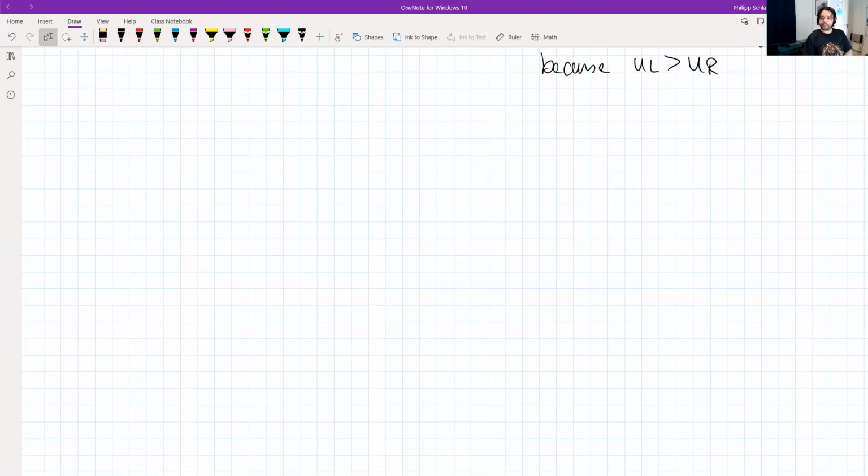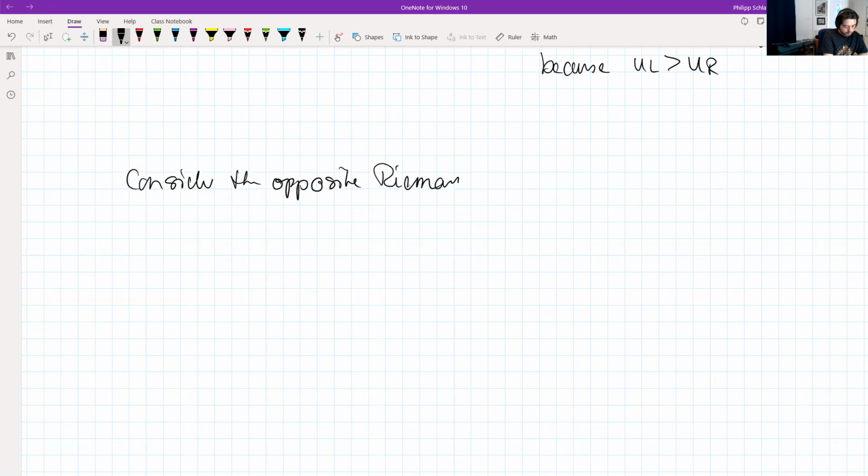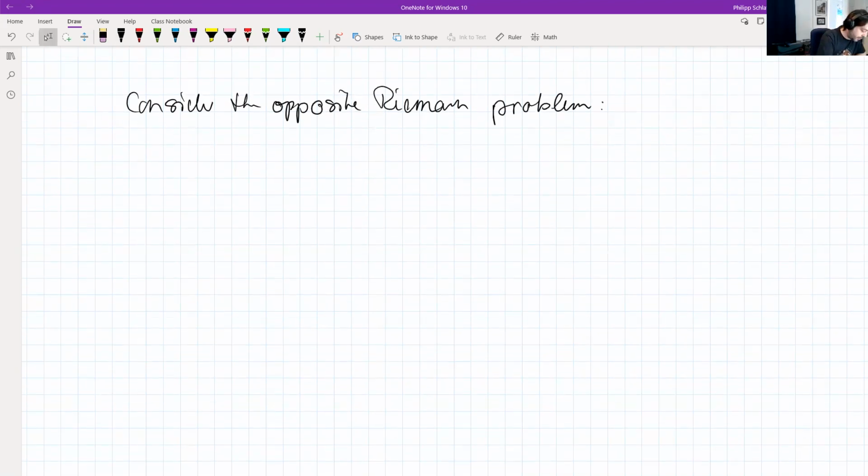Okay. So far, so good. But now let's do one more thing. Let's do the opposite. Consider the opposite Riemann problem. That's now the last thing that we do for today. Well, the opposite Riemann problem would be like this.